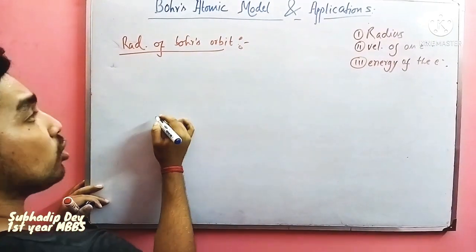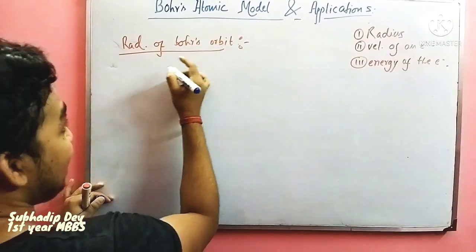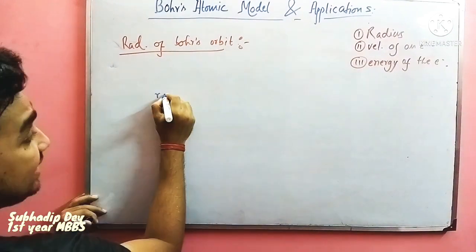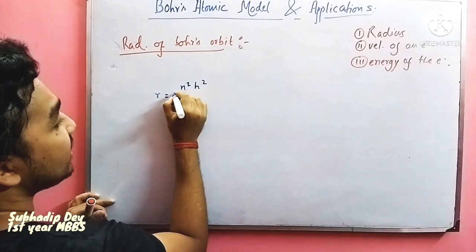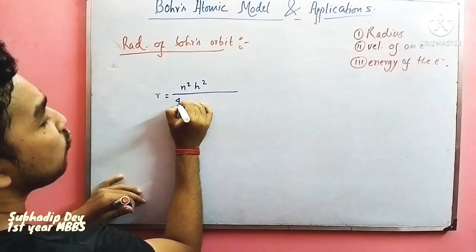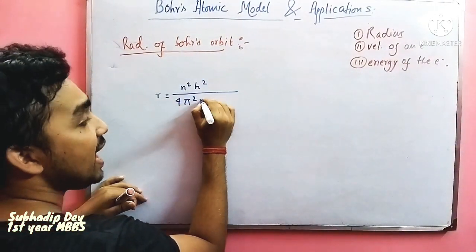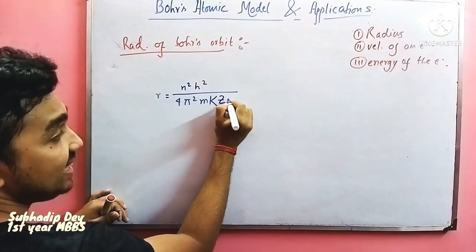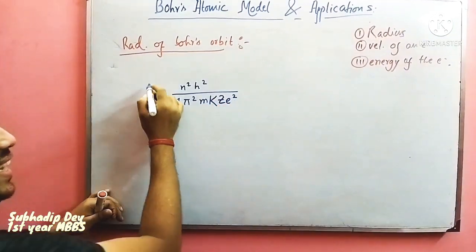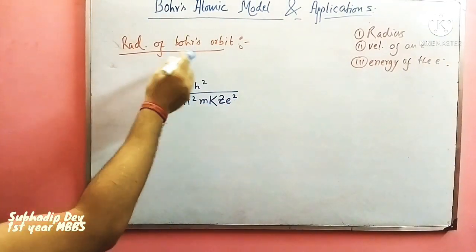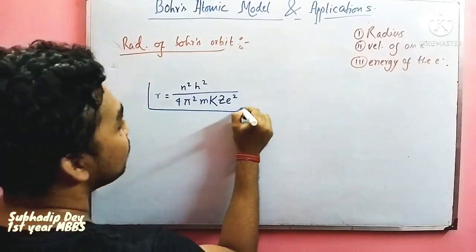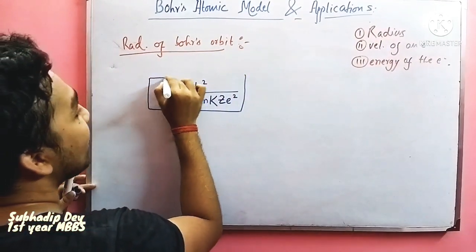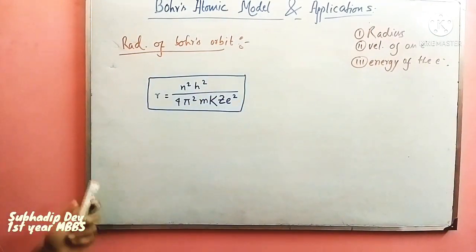Radius of Bohr's orbit, let the radius be r, is equal to n square h square divided by 4 pi square m k z e square. So here you have the radius of Bohr orbit's formula. This is a huge formula, you can see. Now you have to know the actual use of this formula.